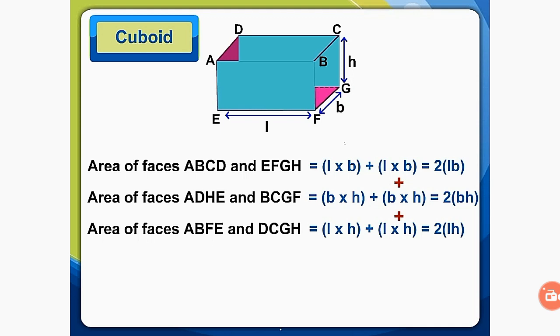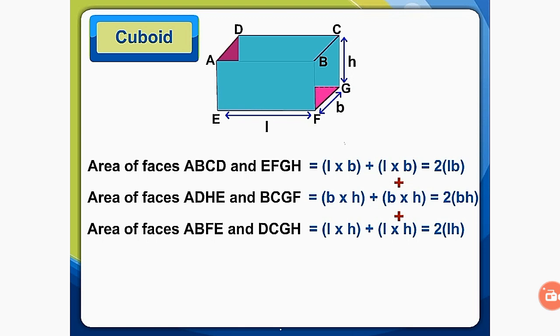So 2LB is the area of top and bottom face, and 2BH is the areas of two side faces, and 2LH is the area of front and back faces. So lateral surface area can be calculated as the sum of the four faces, ignoring the top and bottom, whereas total surface area means we need to calculate the area for all the faces.